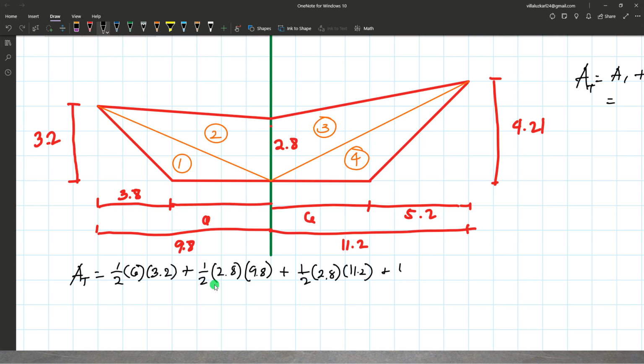Plus 1 half, your base here is 6 and the perpendicular distance going to the vertex is 4.21. So the total area, computing that, we have an answer of 51.63. We are in meters, so we have an area of 51.63 square meters.